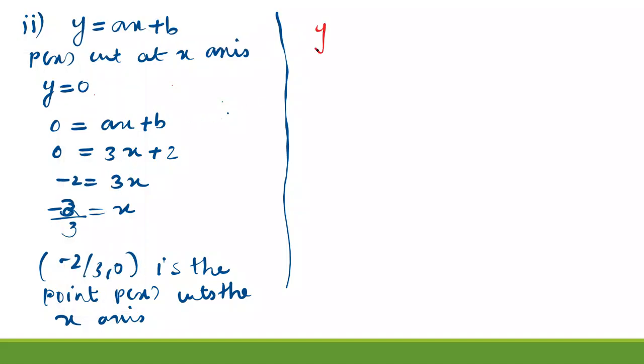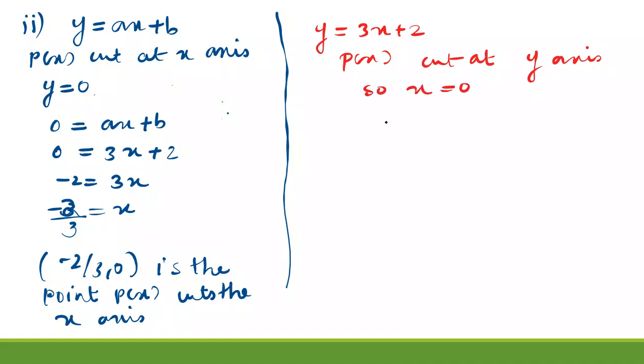So our equation was y is equal to 3x plus 2, our linear equation. Suppose P of x cuts the y-axis. So x is equal to what? 0 only. x is equal to 0 means we will get y is equal to 3 into 0 plus 2. So y is equal to 0 plus 2, we will get 2.